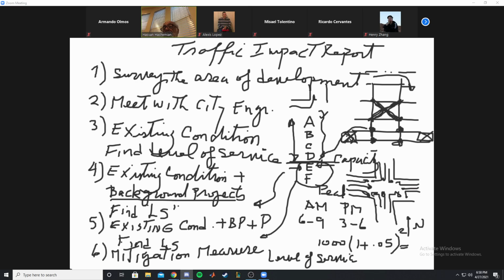Trip generation, you have to know how many trips are being generated, how they're being distributed, what percentage go in these directions. And then you have to do mode choice. How many of them are going by bus? How many of them are going by auto? And then assign the trips over the network to figure out what percentage of these trips will go over each of these links and each of those intersections, and add them up.